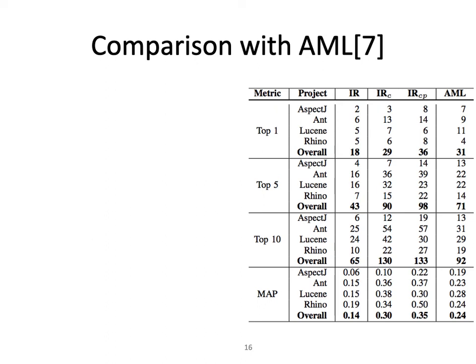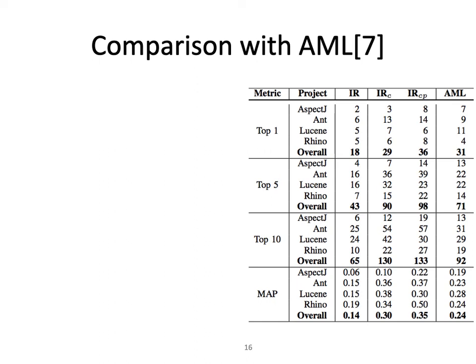And second, AML only investigated one IR-based bug localization technique and one spectrum technique. However, in our empirical study, we tried different IR-based techniques and collected different kinds of execution information to see whether execution information can generally help with bug localization or the combination approach itself plays the trick.